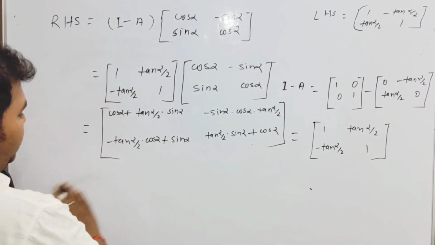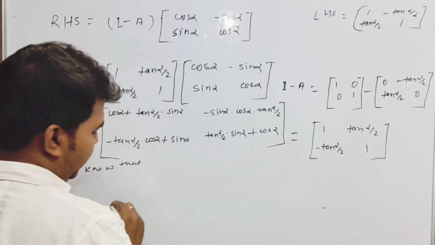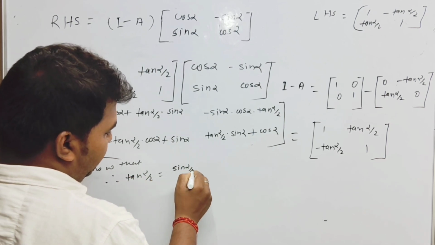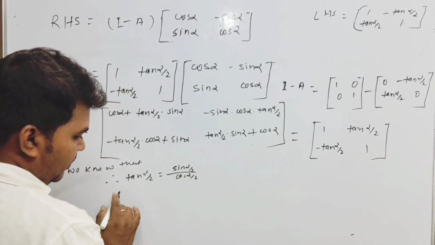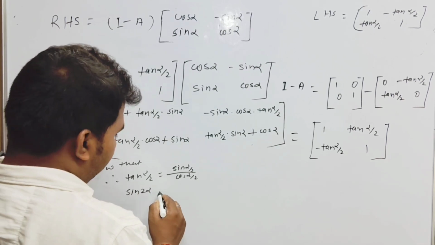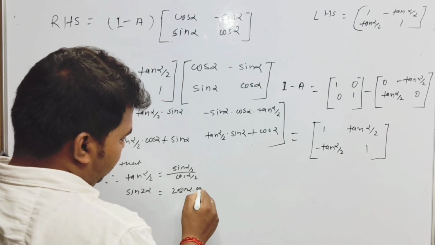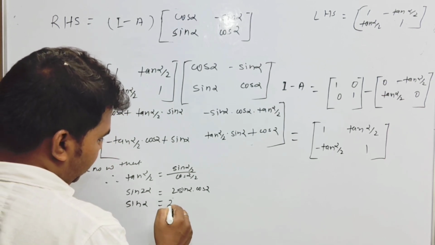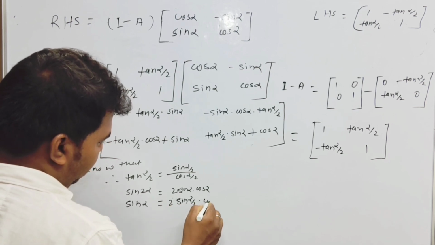We know that tan(alpha/2) we can write as sin(alpha/2) over cos(alpha/2), and sin 2 alpha equals 2 sin alpha into cos alpha, and also we can write sin alpha equal to 2 sin(alpha/2) into cos(alpha/2).